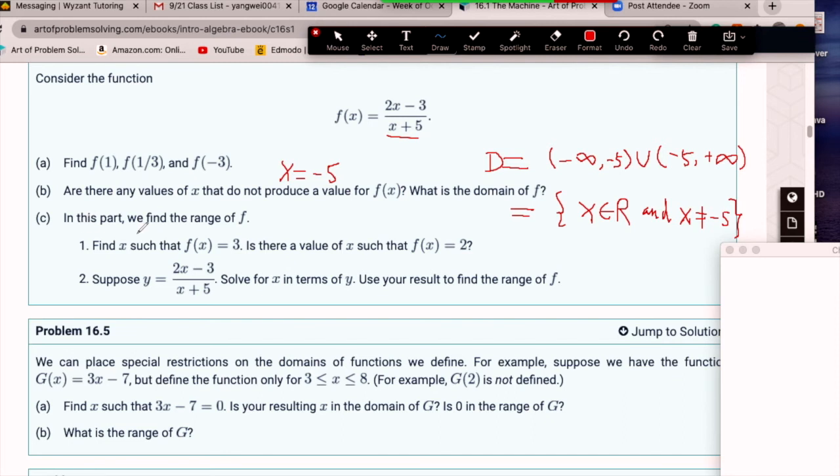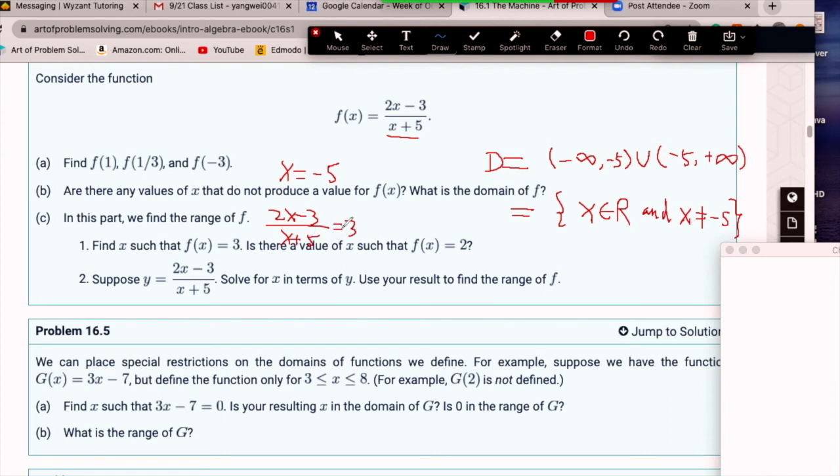Now let's continue. In this part, we find the range of f. First find x such that f(x) equals 3. That means you need to solve this equation: (2x minus 3) over (x plus 5) equals 3.